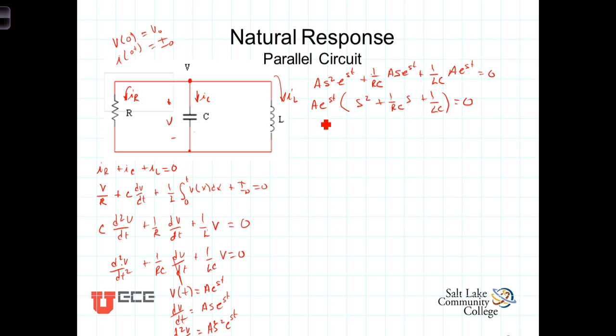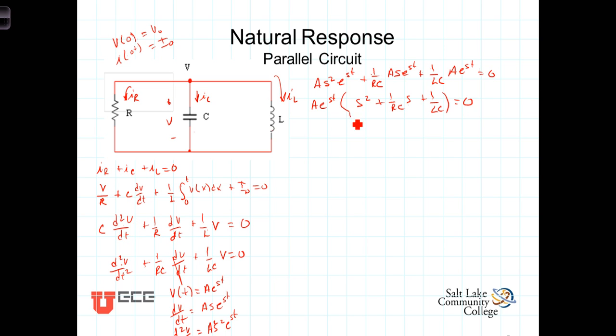Either the first term A e to the st or the second term within the parentheses must equal 0. The only time A e to the st equals 0 is the very non-interesting case where A equals 0, and we'd be simply saying that v is 0. But that's not a terribly interesting or meaningful solution.